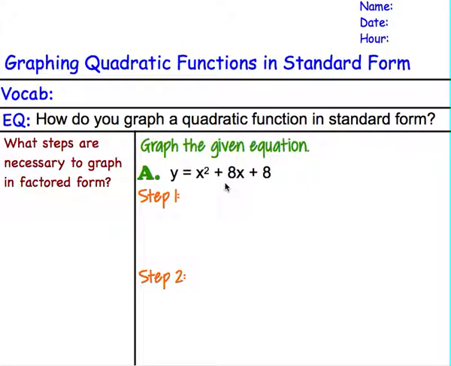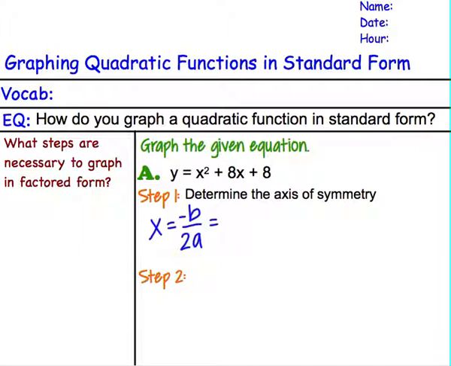Today we get into the final piece of the graphing quadratic equations system, in that we're going to be graphing functions in standard form. So our first step, when we look at y equals x squared plus 8x plus 8, is going to be to determine that axis of symmetry, which, if you recall, is where we use x equals the opposite of b over 2a.